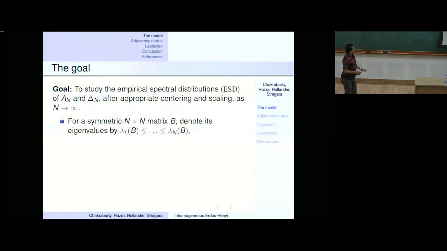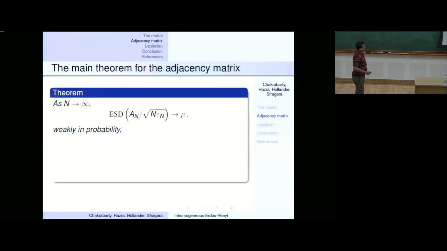I won't be spending much time on this because this has been discussed several times today and yesterday. These are the eigenvalues, and the measure which puts 1 over n mass at each is called the empirical spectral distribution.